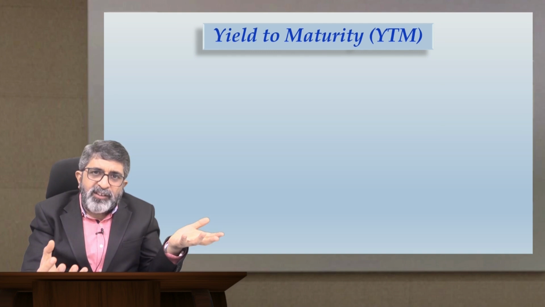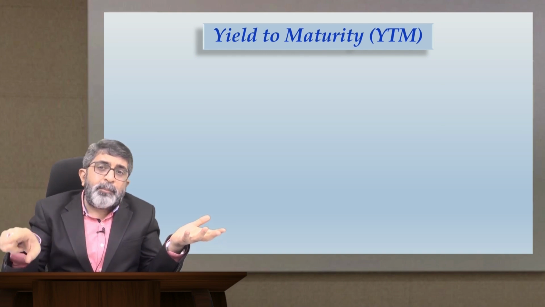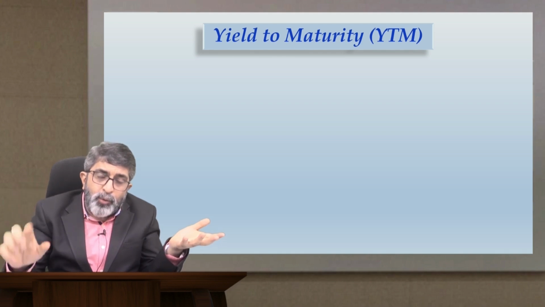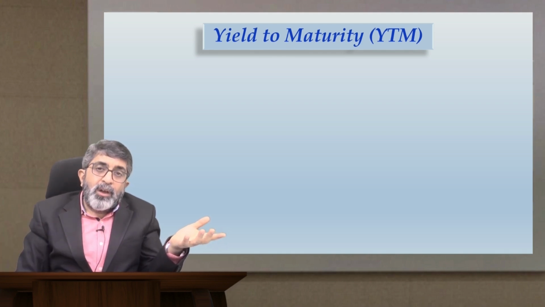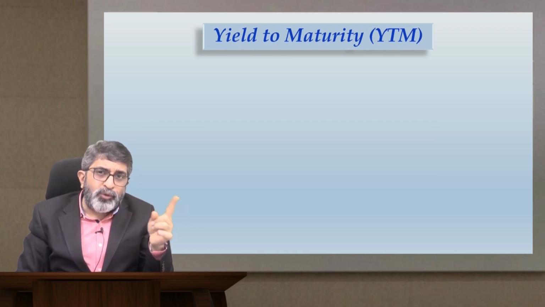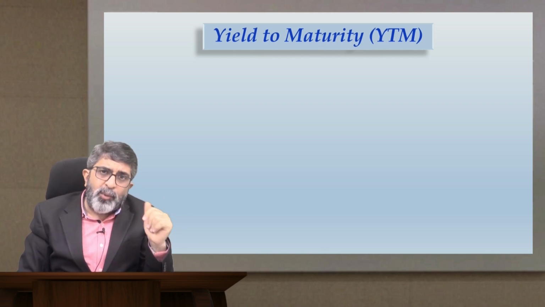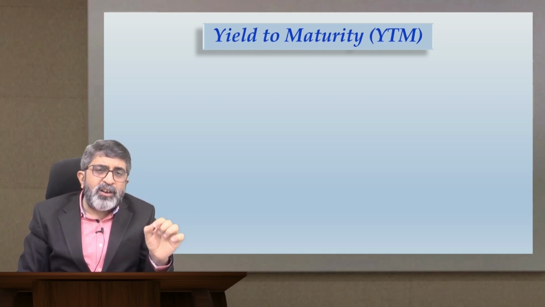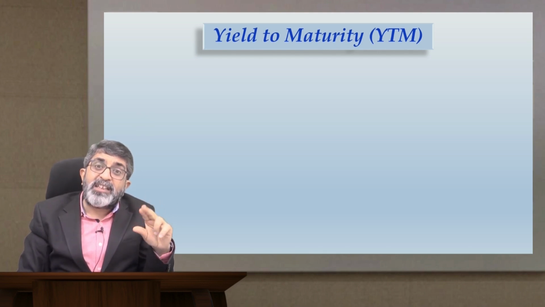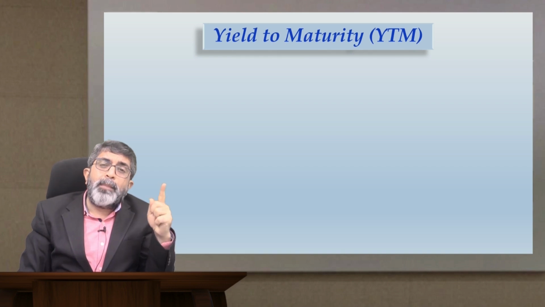You need to connect this to the market price prevailing now, because that is the money that you will invest today to buy this bond. The discounting rate that will match up these future cash flows with this market price of the bond is the internal rate of return for the bond investor. This internal rate of return for the bond investor is what we identify as yield to maturity.